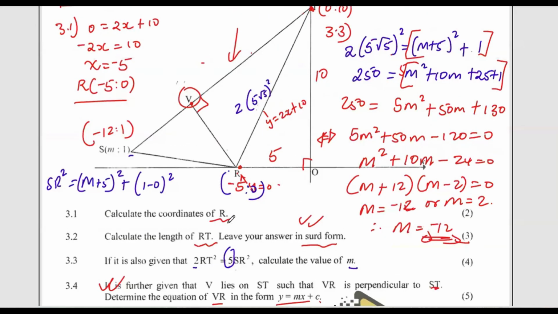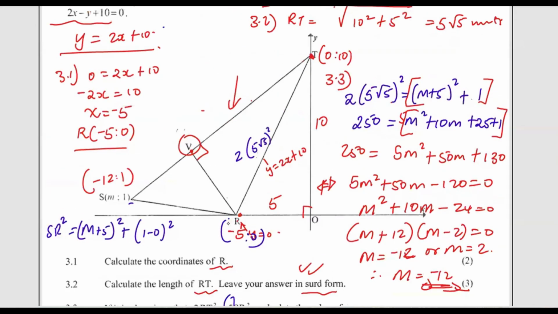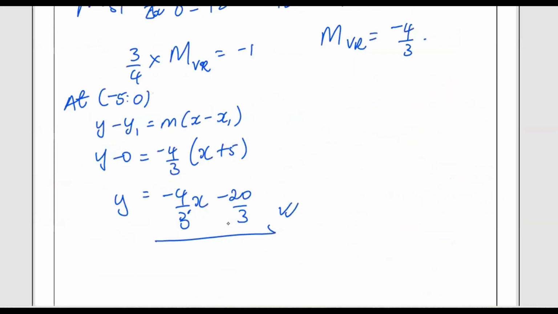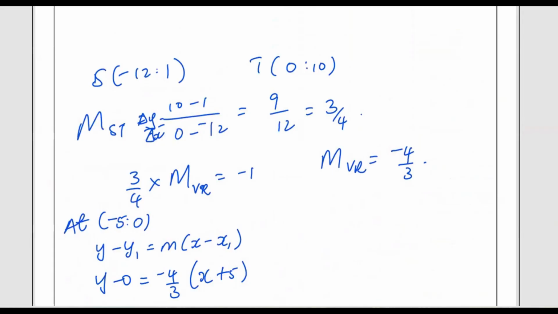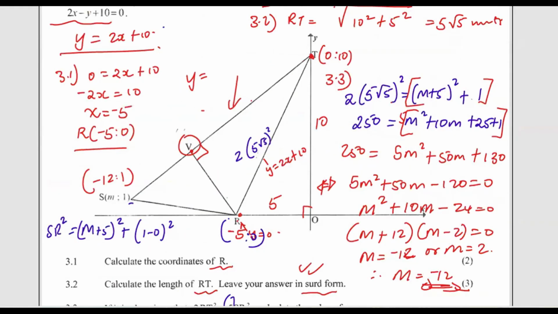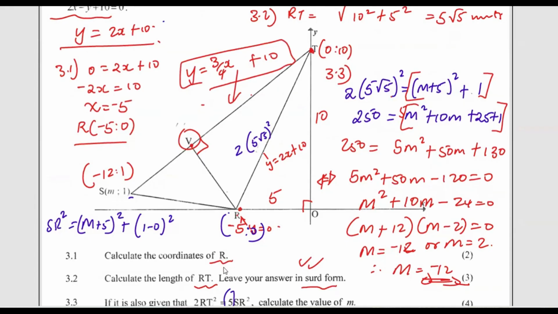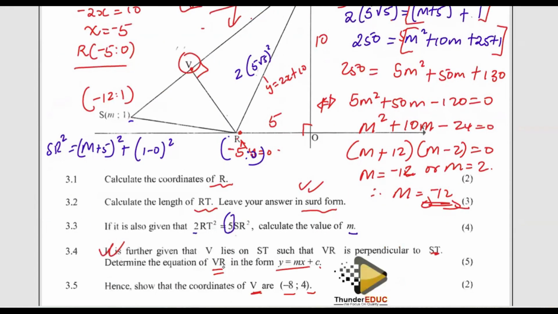So we know the equation of this line: since the gradient is the gradient of ST, we got it as 3/4. So it's 3/4 with x, and the y-intercept is 10. This is our equation. Then we already have the equation of this other line that we found, so I'm just going to solve them simultaneously.